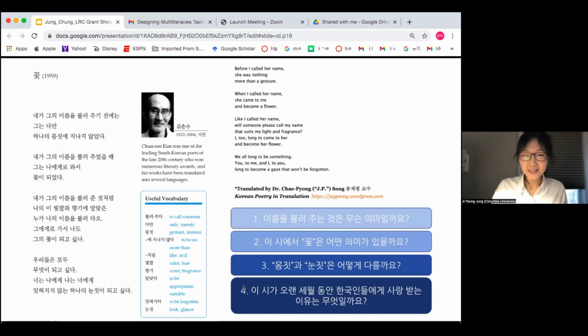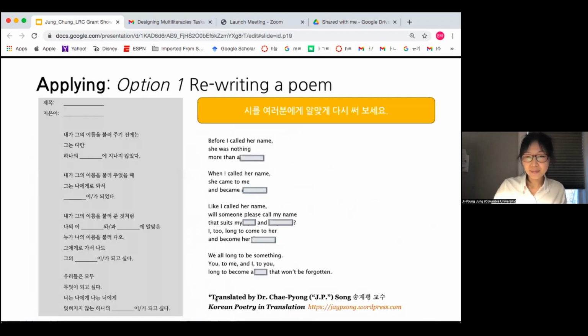And also this poem is written in plain style because it's a poem. Okay, and in the applying stage, at that time, my students' proficiency level was novice high or intermediate low at most.